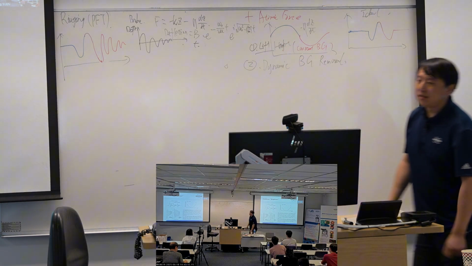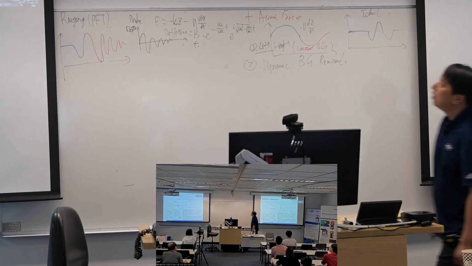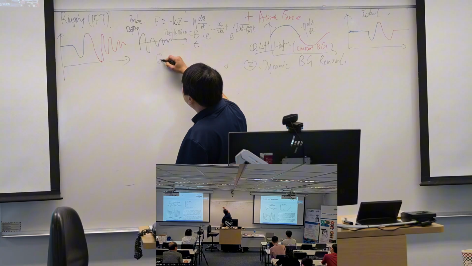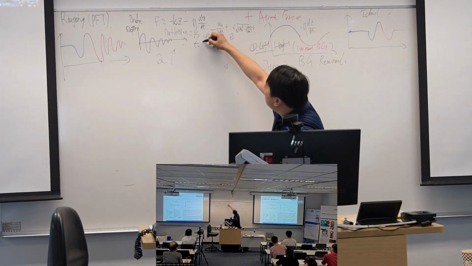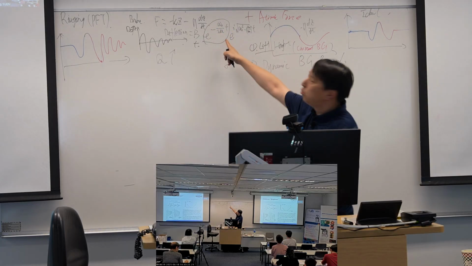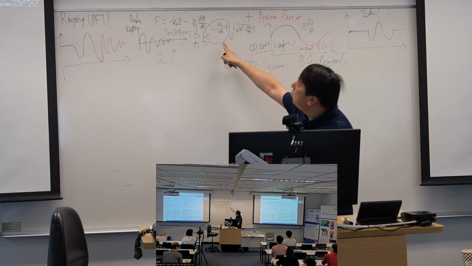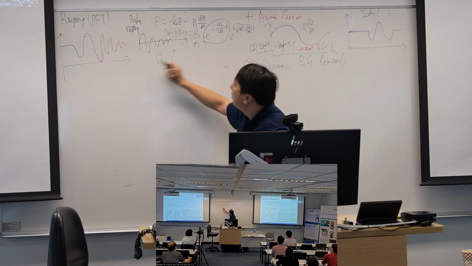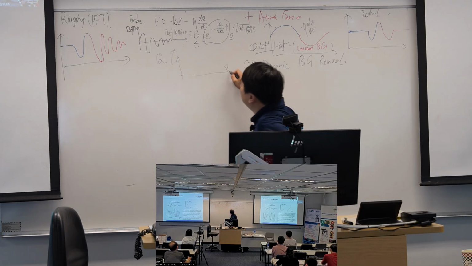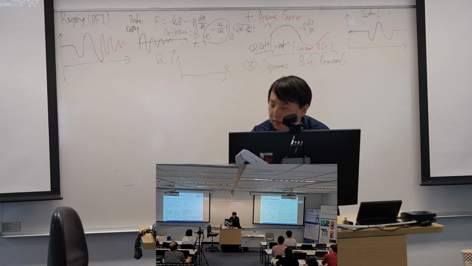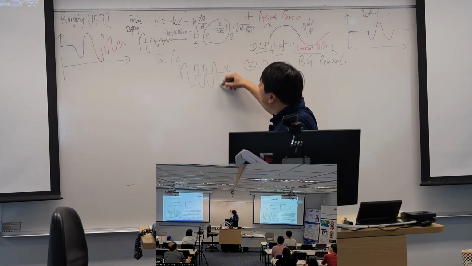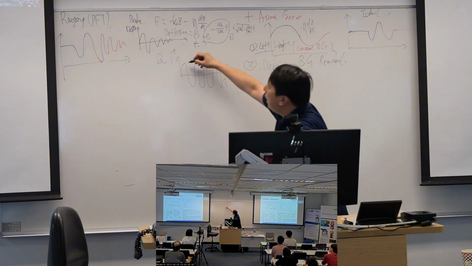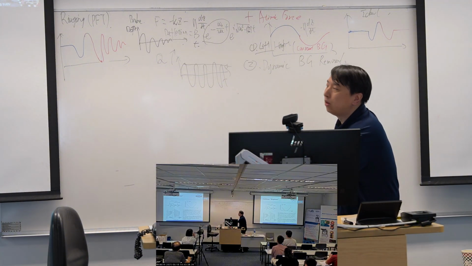Yeah, that's our result. So if the Q is quite large, it will decay quite slowly. Then our curve will be something like this. It damped quite slowly.